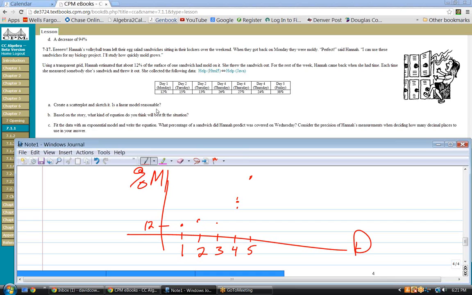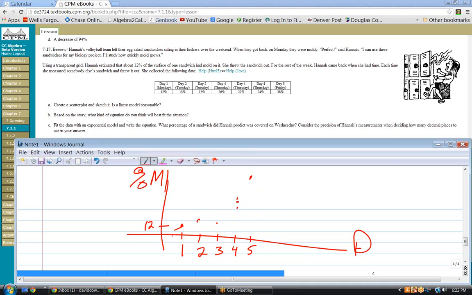Is a linear model reasonable? Not really. If I try to draw a straight line between the first point and the last point, I don't have any of these other points anywhere near my straight line. That's what it means, is a linear model reasonable.